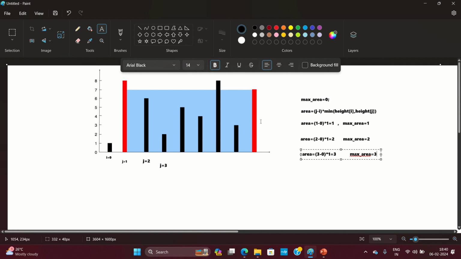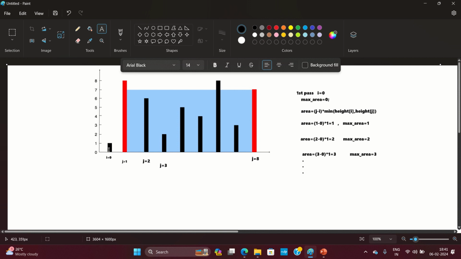And consequently, when j reaches index 8, so on, at the first pass, when j is equal to 8, and this is our first pass, first pass means I is equal to 0.